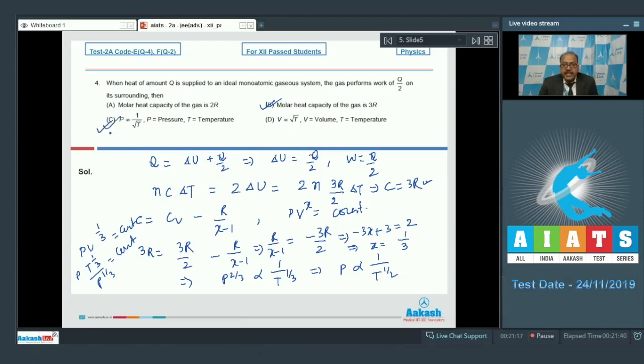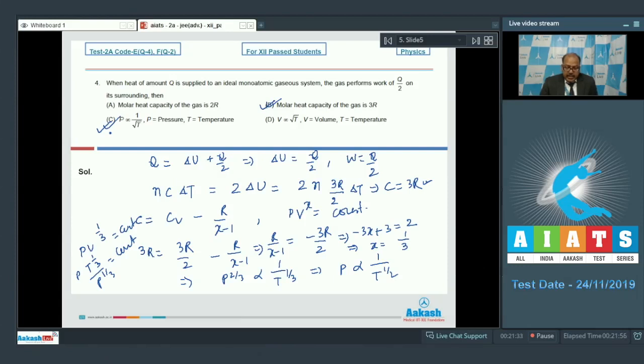Let's also evaluate option D. For evaluating option D, we eliminate P from this equation, and for P we can write nRT by V, because PV is equal to nRT.